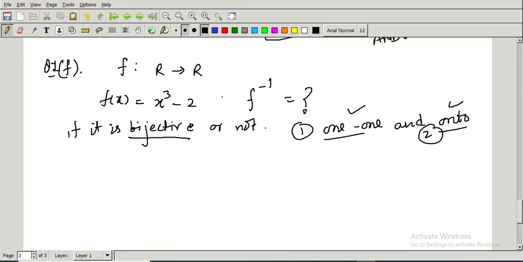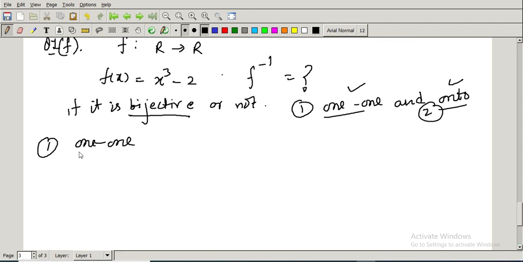First of all we will prove one-one. From the definition of one-one, f(x1) must be equal to f(x2). Suppose they have given f(x) equal to f(y); it is totally the same.